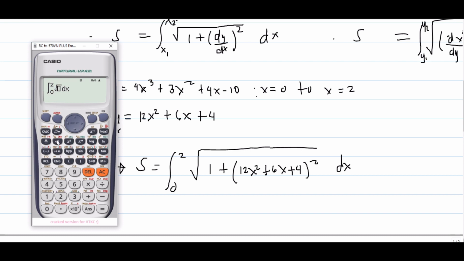So we can now input the equivalent of s, this given formula. So this is 12x squared plus 6x plus 4.